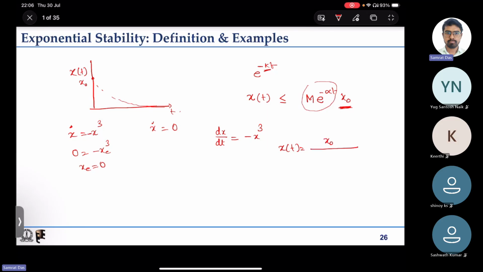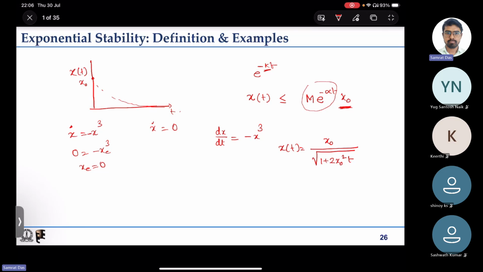If x0 is the steady state operating point, it will be something like this. This is the solution of the system. If you simply do variable separation and solve this, and then use the equilibrium point and the initial condition, you can get this solution. Hopefully there is no error in that.